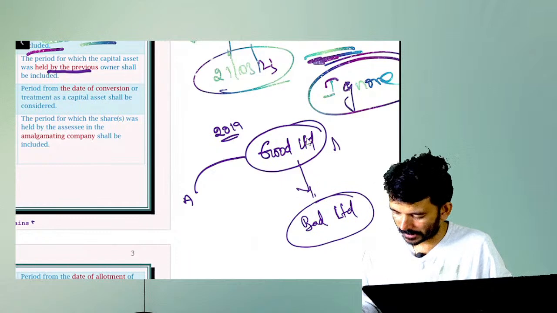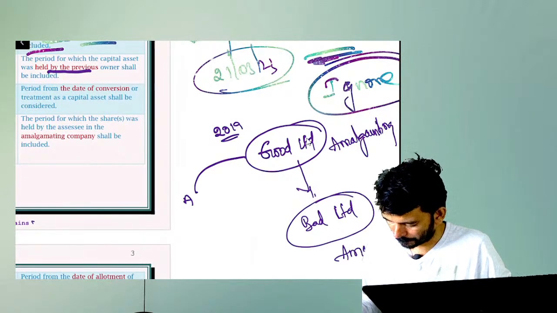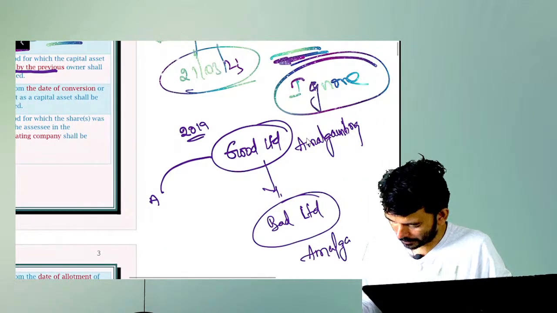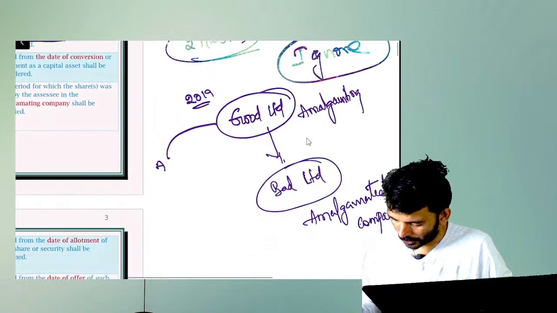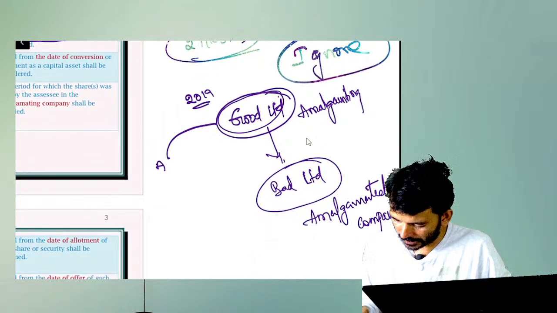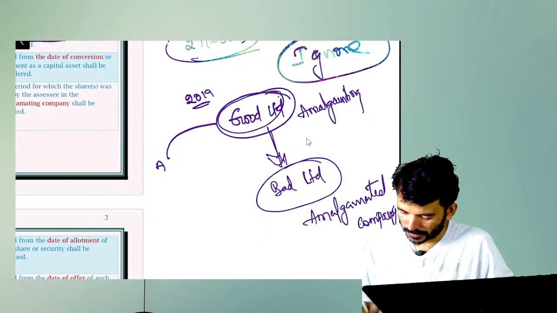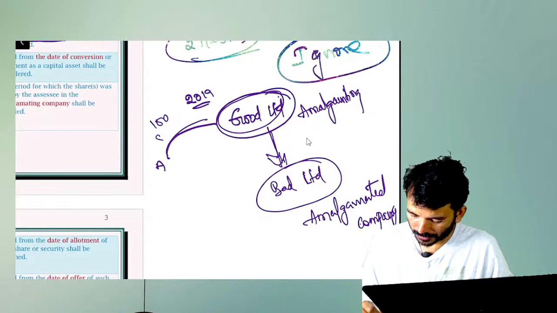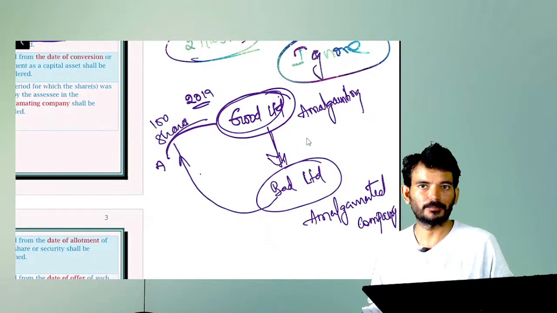So this is the amalgamating company, and this is the amalgamated company. Alright, so now because this company is getting amalgamated with, or absorbed by, Bad Limited, and you are holding, for example, 100 shares in Good Limited, for that Bad Limited is giving 100 shares in their company.